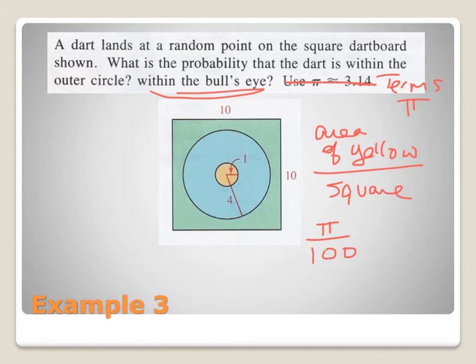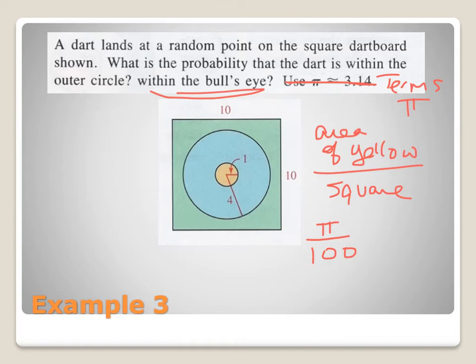If it said leave in terms of pi, this would be the answer to the dart landing within the bullseye. If it didn't say that, then you would put 3.14 in there and then move the decimal point and simplify. But we're leaving it in terms of pi, so that's the answer for the bullseye.